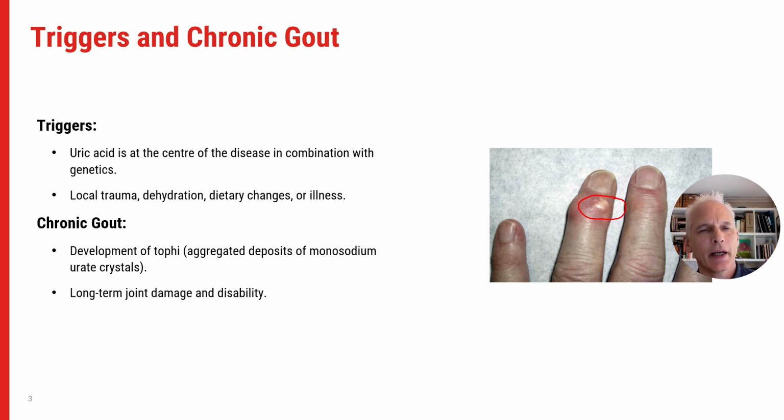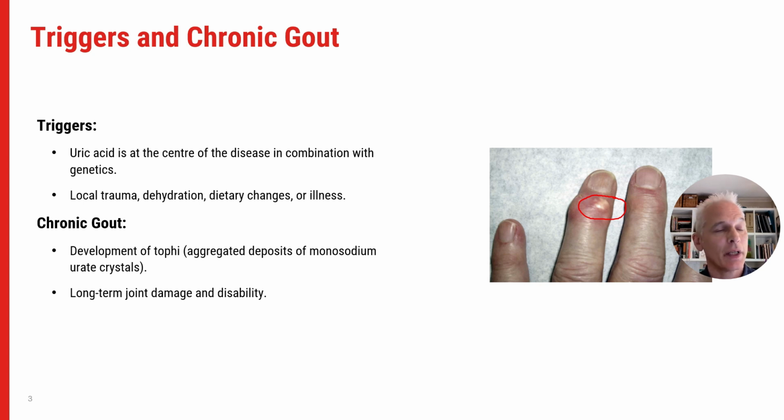Just as an aside, these can ulcerate, and when they ulcerate, you can actually see the monosodium urate quite easily as it's exposed under the skin, and those crystals can actually be flicked out or removed using the tip of a scalpel. So when we develop tophaceous gout, which is chronic gout with that build-up of monosodium urate crystals in the tissues, this can cause long-term joint damage and disability to joints if it's occurring within the joints themselves.